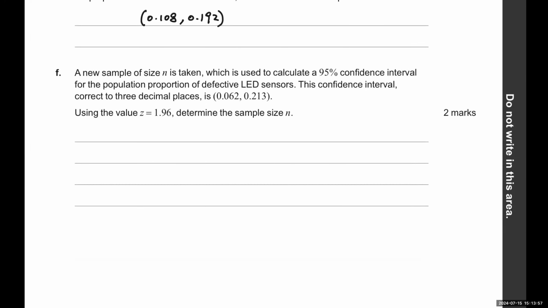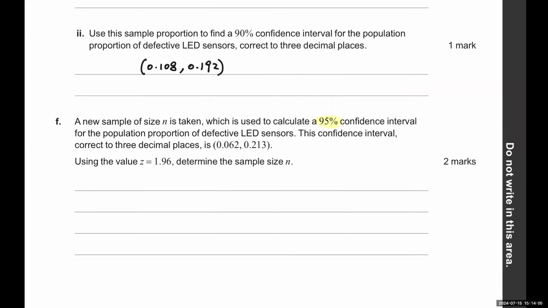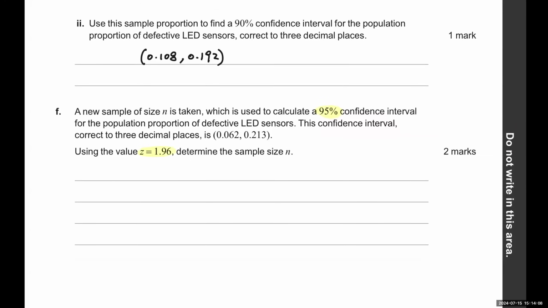Part F, a new sample of size n is taken, which is used to calculate a 95% confidence interval. Be very careful. Using the value of z equals 1.96, determine the sample size n, if the confidence interval for the population proportion is found to be this. So what I'm going to do is p hat minus 1.96 times the standard error. The question told us to use 1.96, so I don't need to write it like 1.95996, blah, blah, blah.